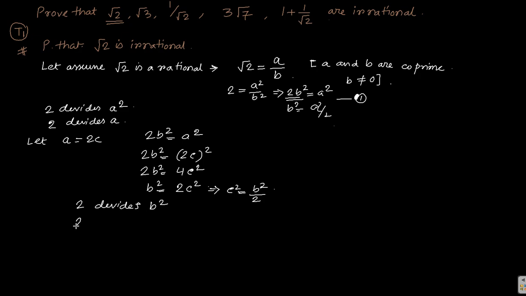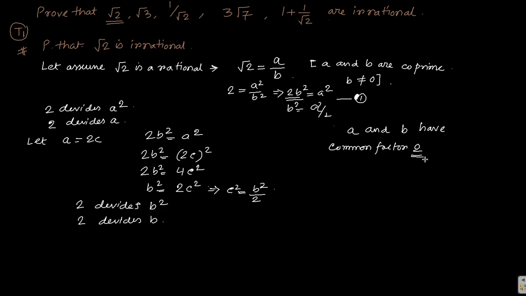It means that according to the theorem, 2 divides b. What does it mean? It means that a and b have a common factor 2.